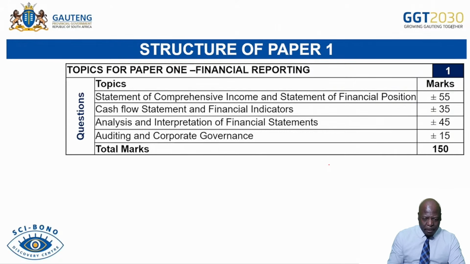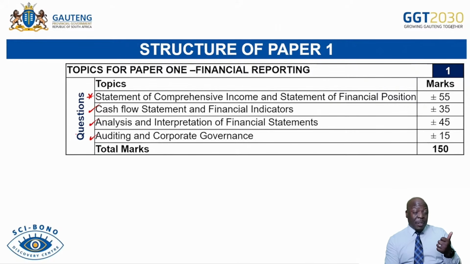Here is the next way. You will see that the cash flow analysis and auditing has remained constant. But what has changed is what we have up here. In the first one, we have the correct net profit calculation together with the statement of financial position. But here now we have the statement of comprehensive income and the statement of financial position.